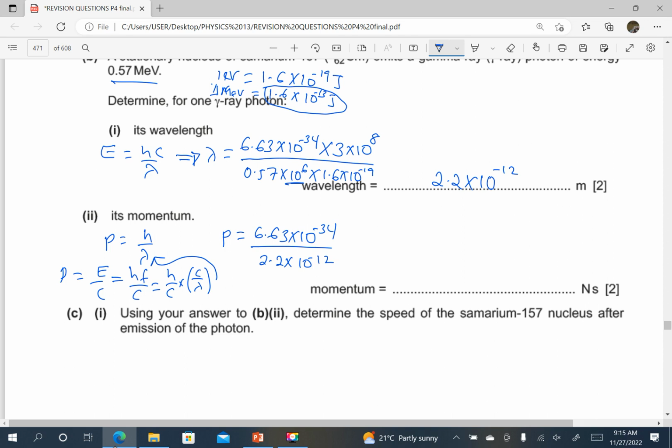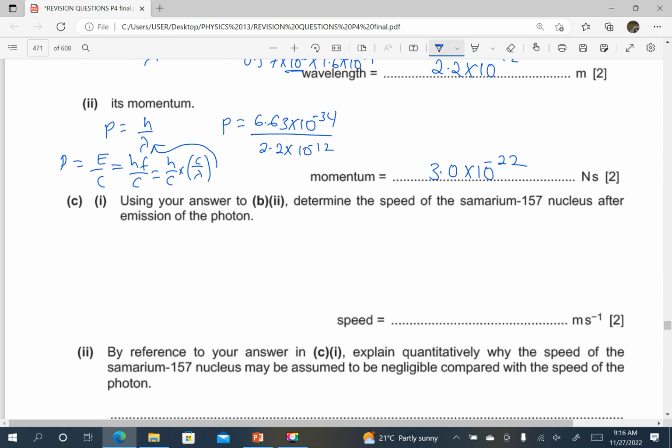You can always press the calculator to check because I'm human, I'm bound to make mistakes. So from my calculator, this is 3.0 times 10 power negative 22 Newton seconds as the momentum P.